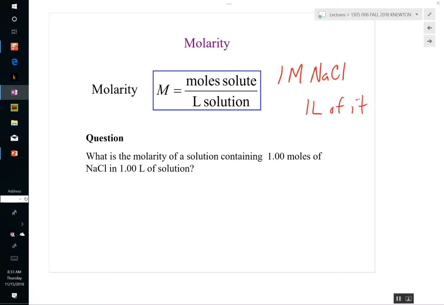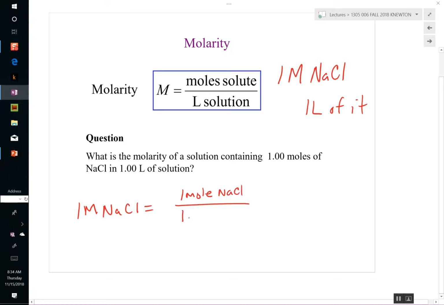And what do I need to put in here? Well, water, but before the water, how much salt? 1 mole. 1 molar sodium chloride is going to be 1 mole of sodium chloride per 1 liter of solution.